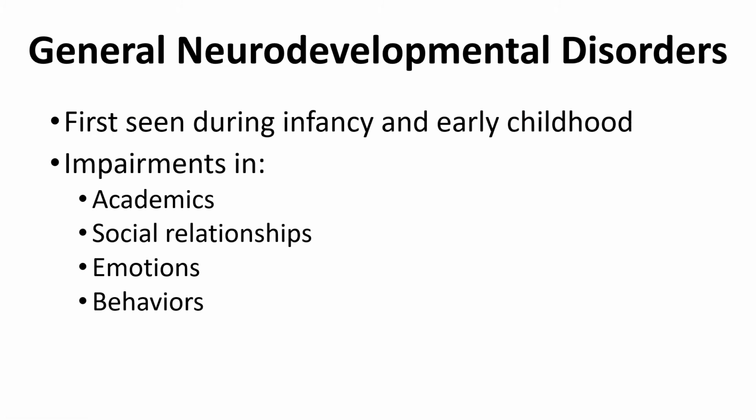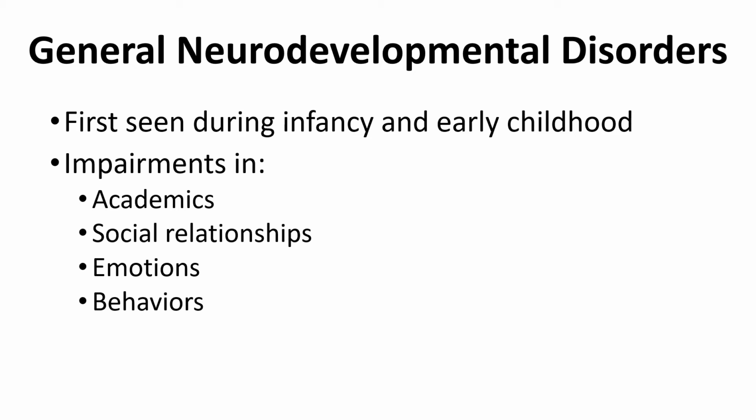For our general description of this category, these disorders are typically known for impairments and deficits in a whole bunch of different areas of the child's life. It looks at academic ability, social relationships, their ability to function and regulate emotions, and we sometimes see behavioral problems.